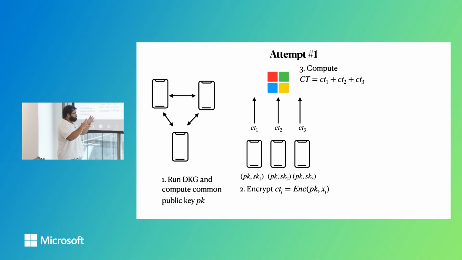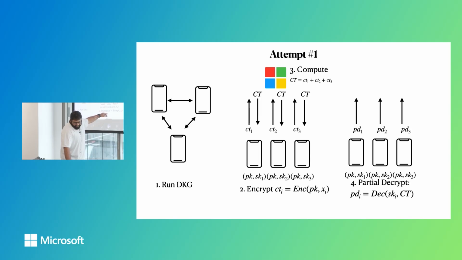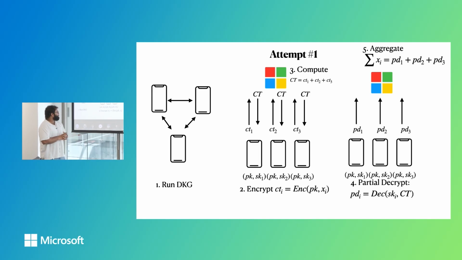The server is going to just sum them using the homomorphic property of the encryption scheme, and send back the aggregated ciphertext to the clients. The clients can then partially decrypt this ciphertext and send it back to the server, who can then just aggregate these, right?